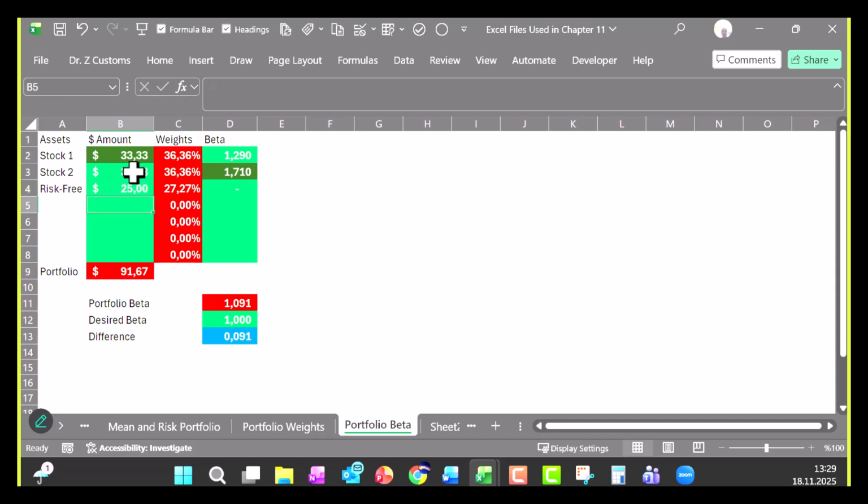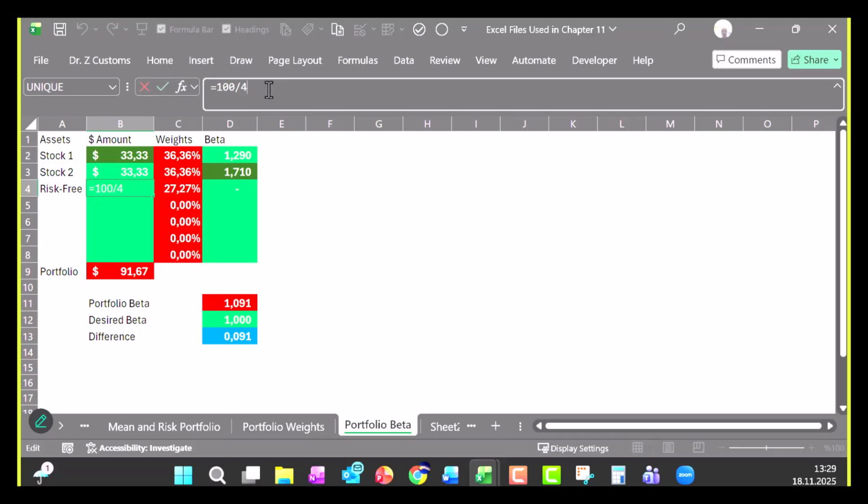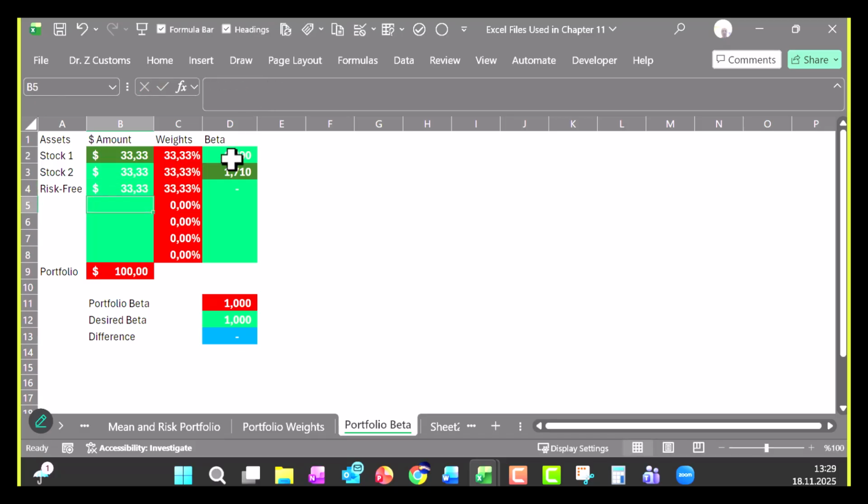The only reason I'm using formulas is I'm making sure that they're equal weights. Okay. Because the weights are calculated automatically.